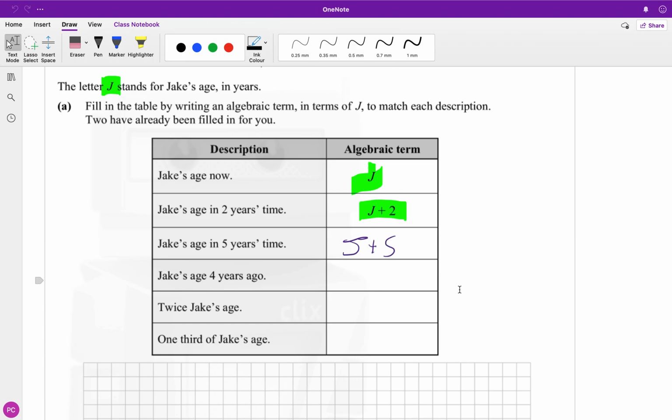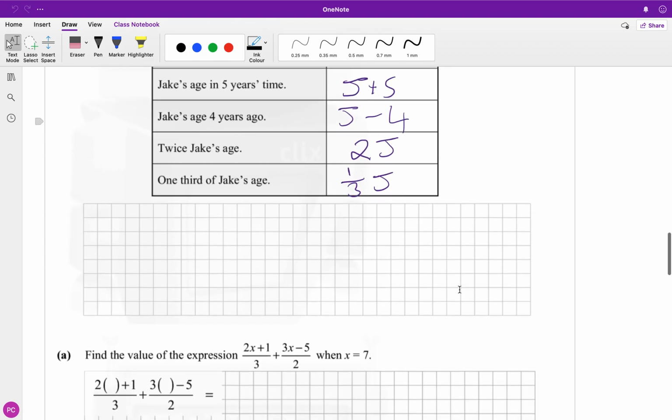Jake's age 4 years ago, before J, is going to be J take away 4. Twice Jake's age is going to be 2J. 1/3 of Jake's age is going to be 1/3 of J. Same as the last question, isn't it really?